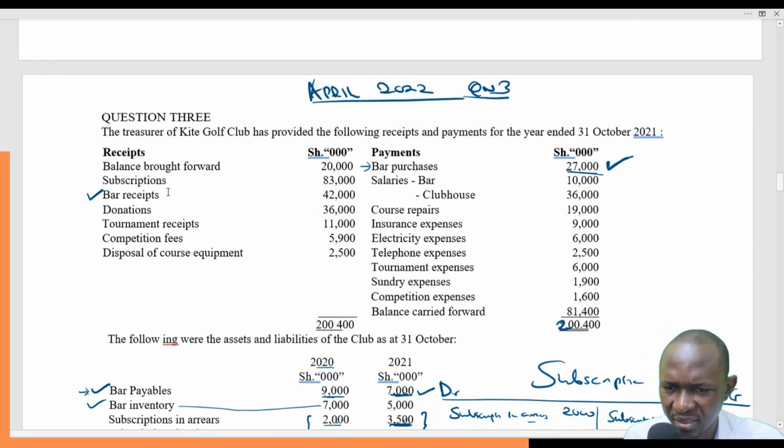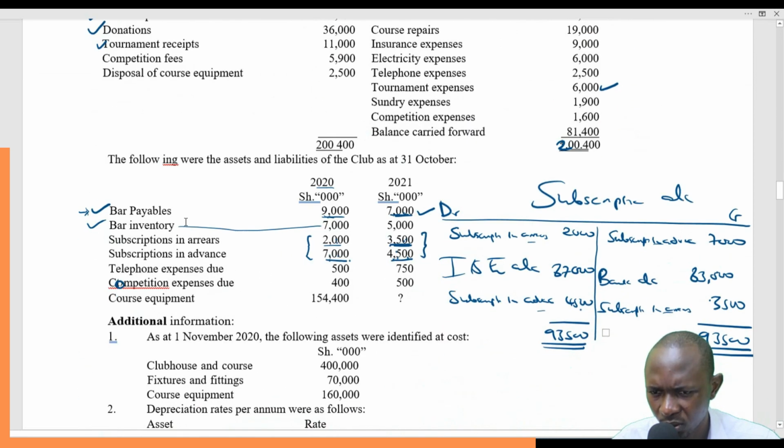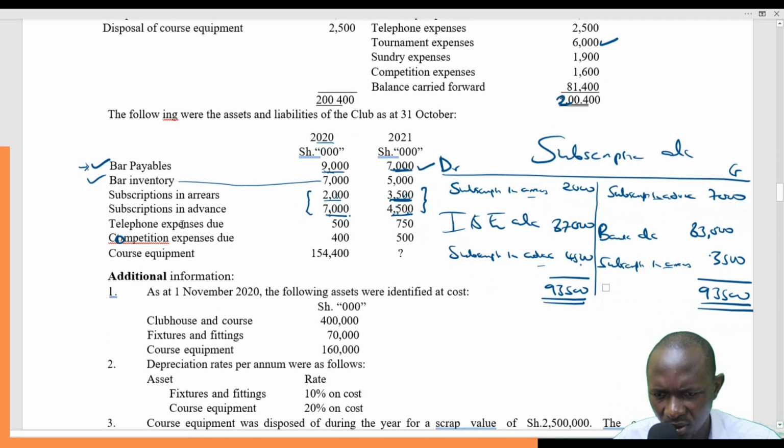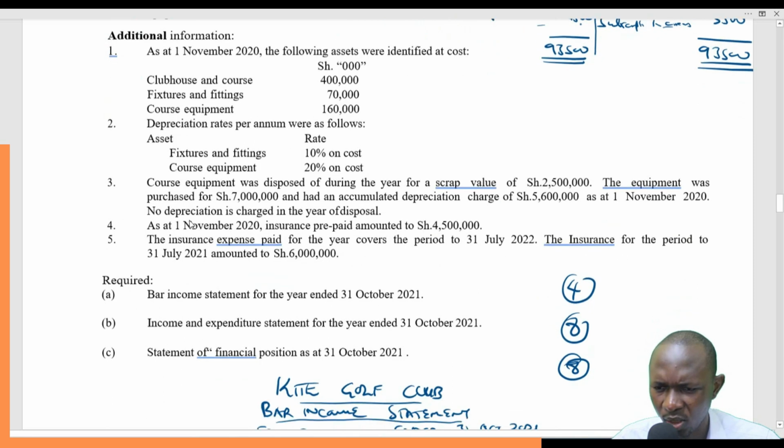Tournament receipts, 11,000. Is there anything to reduce on tournament receipts? Yeah, tournament expenses, 6,000. Check. Anything else on tournament? Nothing.